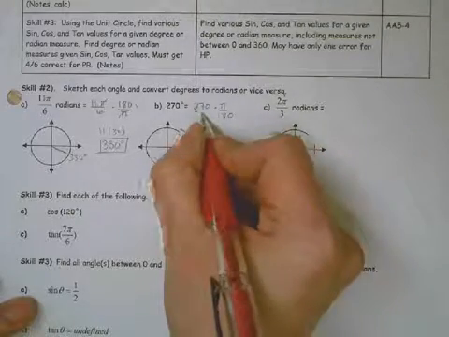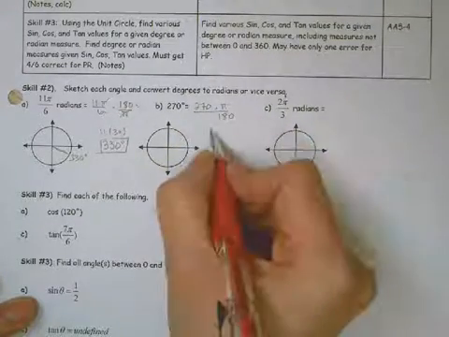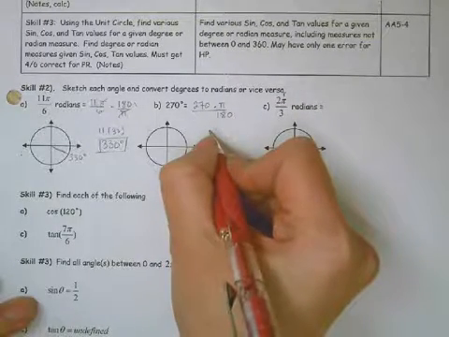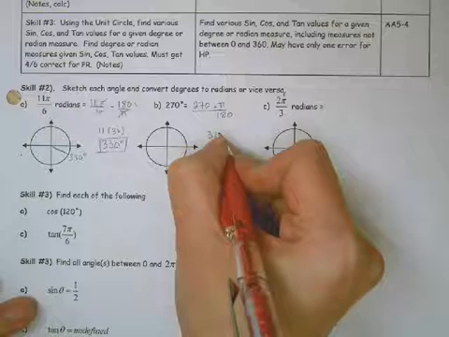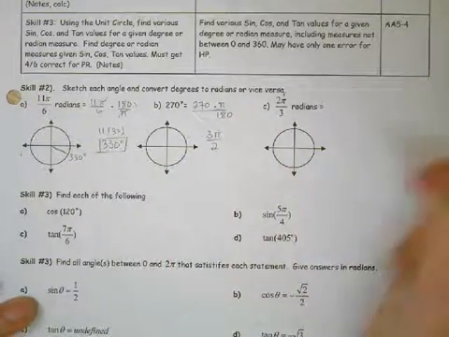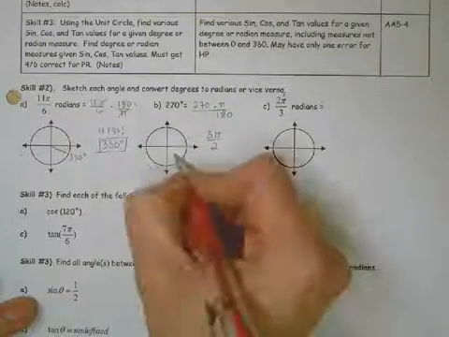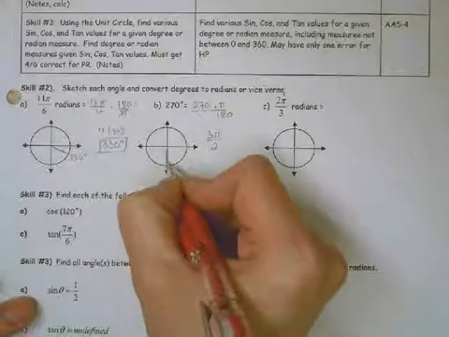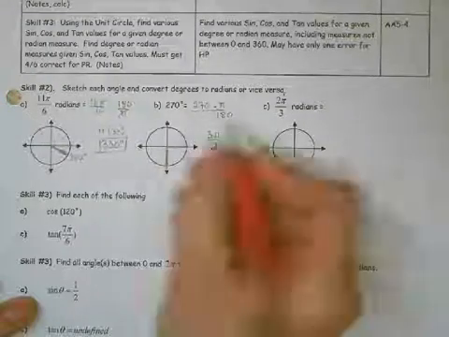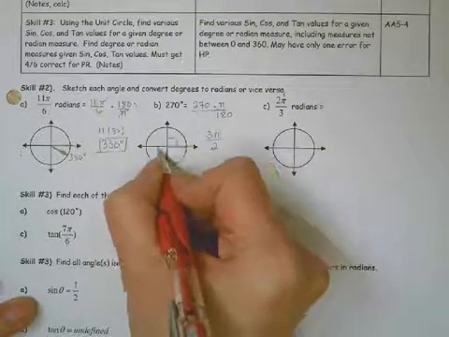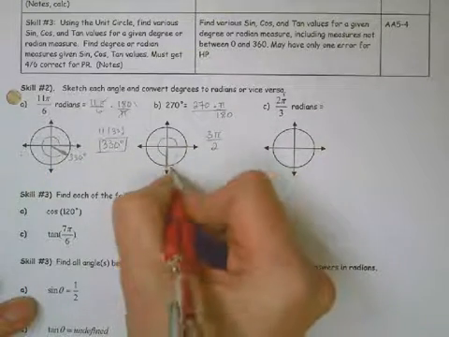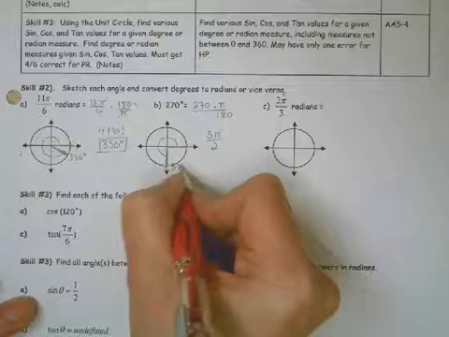If I reduce this down, I'm looking at 3 pi over 2. So my 270, this is my angle right here. Sorry, I should put that there. That's 330. And that's this distance around here for both of these. So that's 3 pi over 2 in radians.